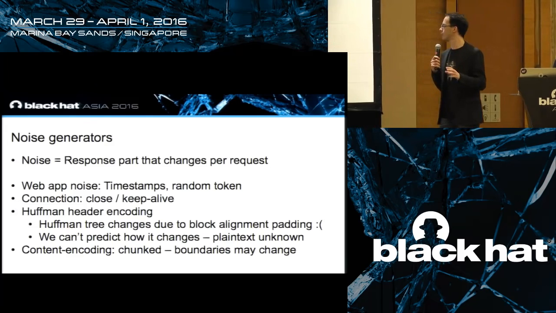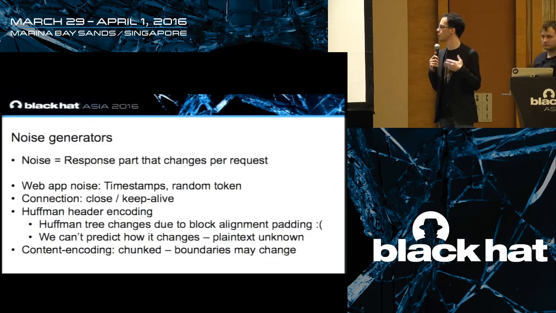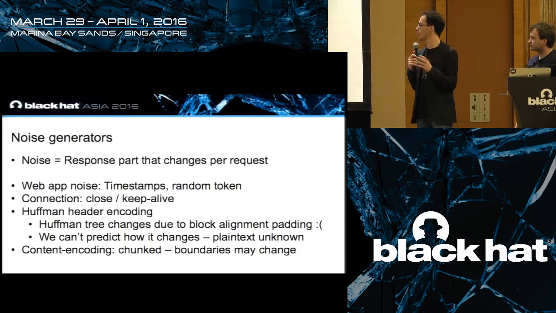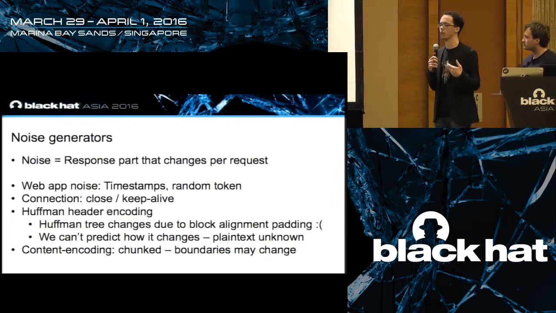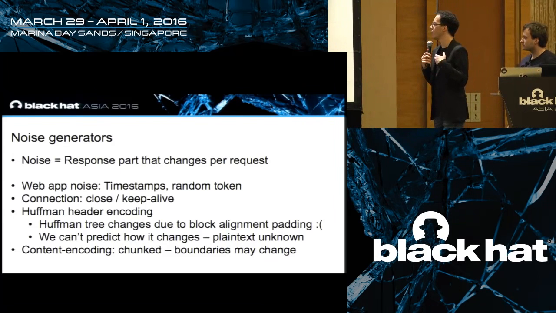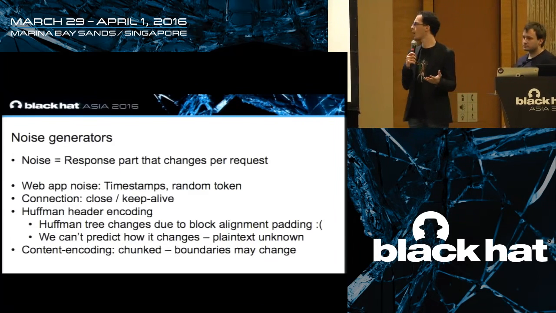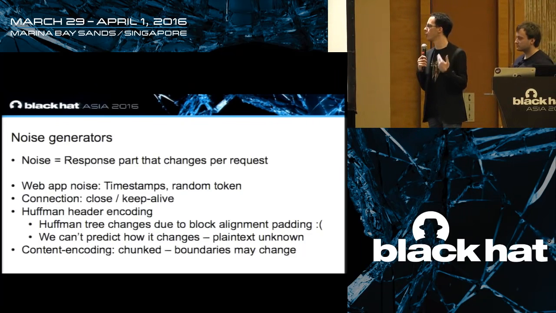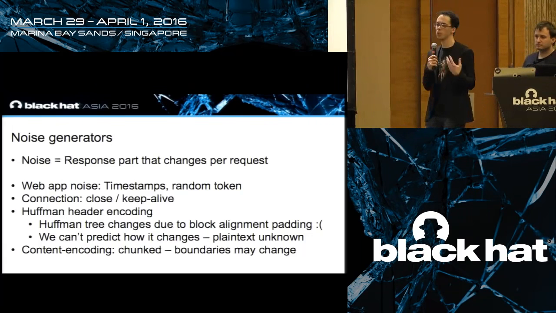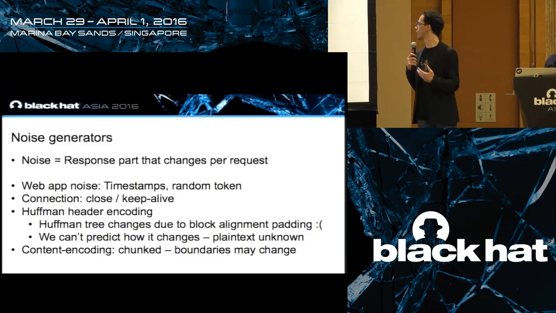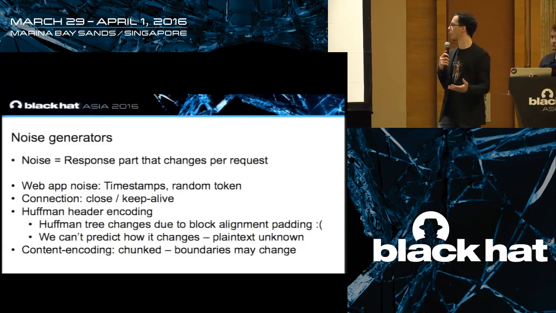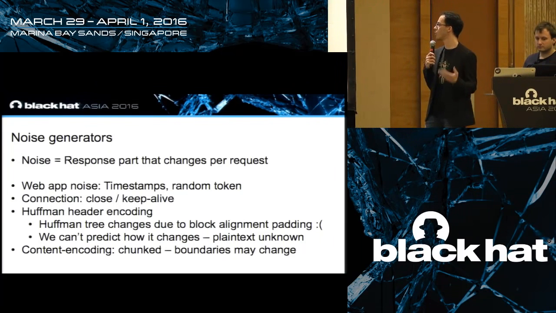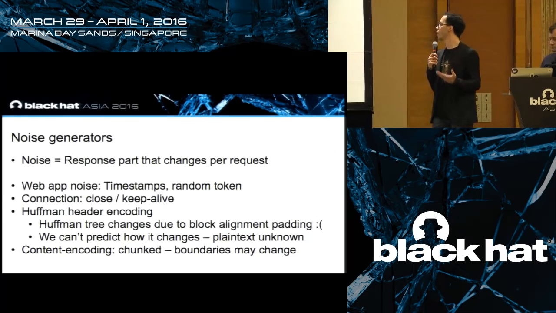So there should be more investigation into how Huffman is actually made with gzip, and whether we can predict to some extent what the result will be. And finally, another noise problem is the content encoding, which may be chunked. This would result in the compressed plaintext being chunked, and the boundaries may change per request, and this may affect our results.